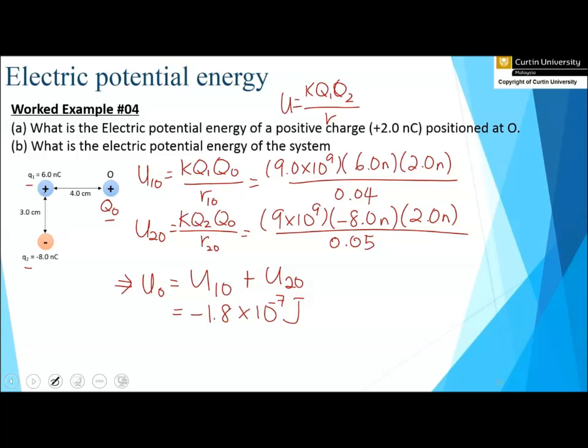So that is for the point charge QO only.